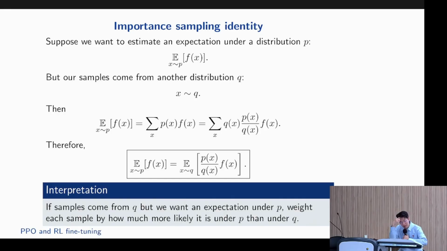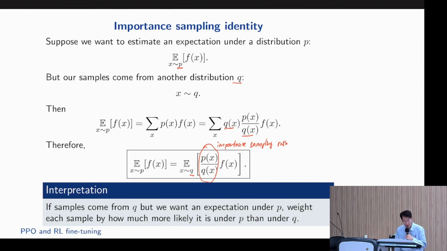Suppose we want to estimate an expectation under distribution P, in case you've never seen importance sampling, but our sample comes from another distribution Q, the old distribution. The expectation of some function under P is actually the expectation under Q of the function multiplied by the importance sampling ratio that adjusts for this.